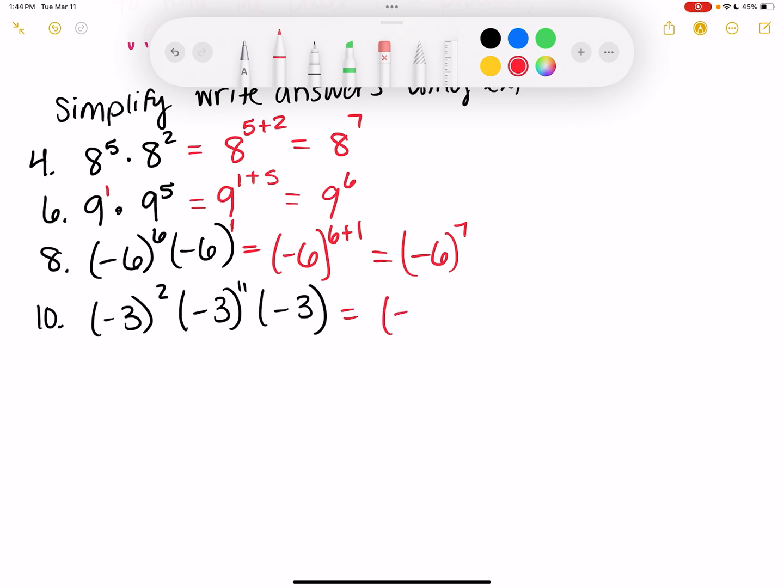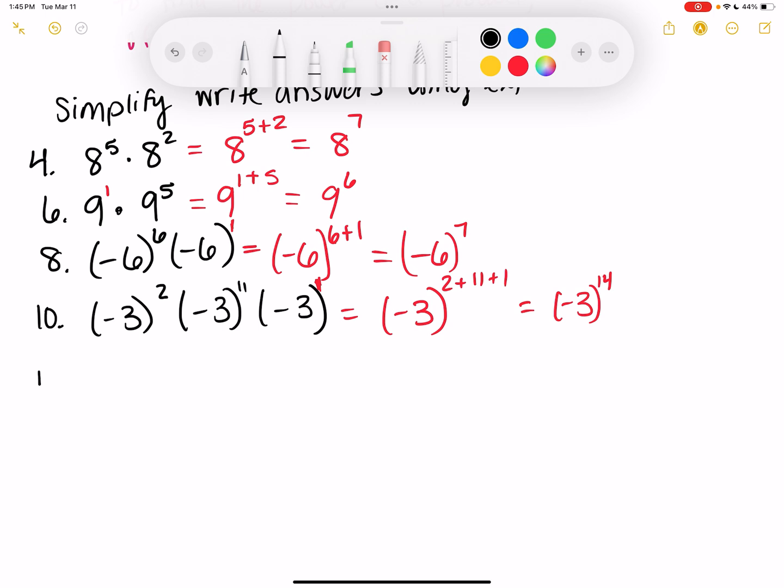So I do that -3, then I add their exponents. So there's 1 there. So it's 2 plus 11 plus 1. So that's -3 raised to the 14th. Okay, and again, because this is a -3, I've got to make sure I keep it in that parentheses that was there to start with.